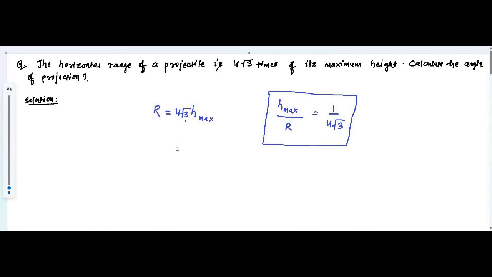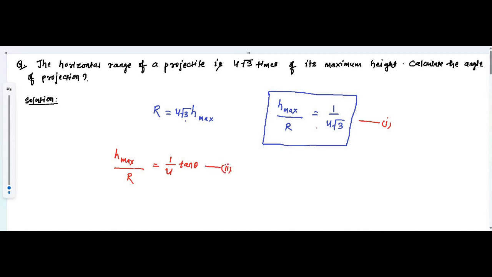If you recall, we derived a relationship between maximum height and horizontal range, which is H max by R is equal to 1 by 4 tan theta. Okay, so let's say this is the first equation and this is the relationship which we have.